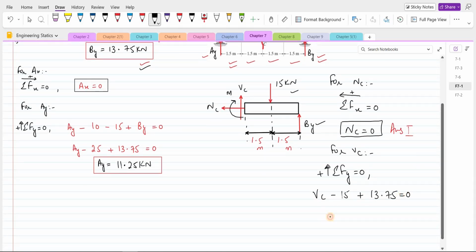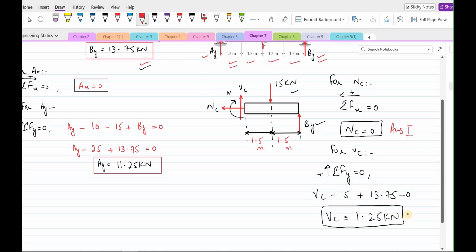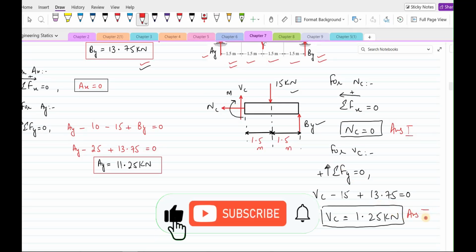Upon simplification, Vc comes out to be 1.25 kilonewtons. So this is our second answer.